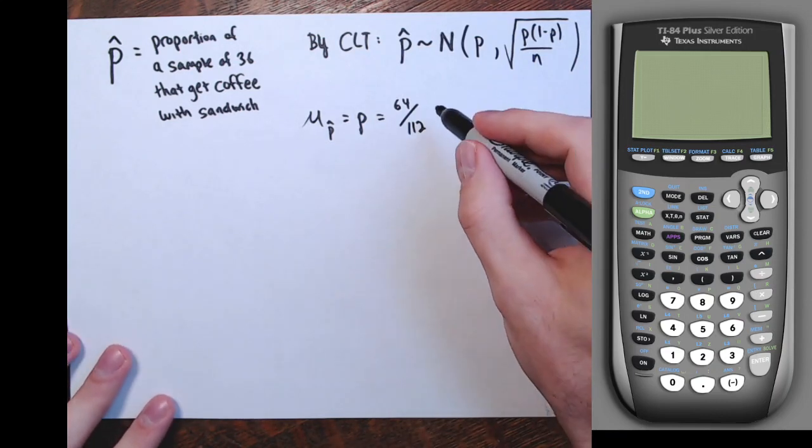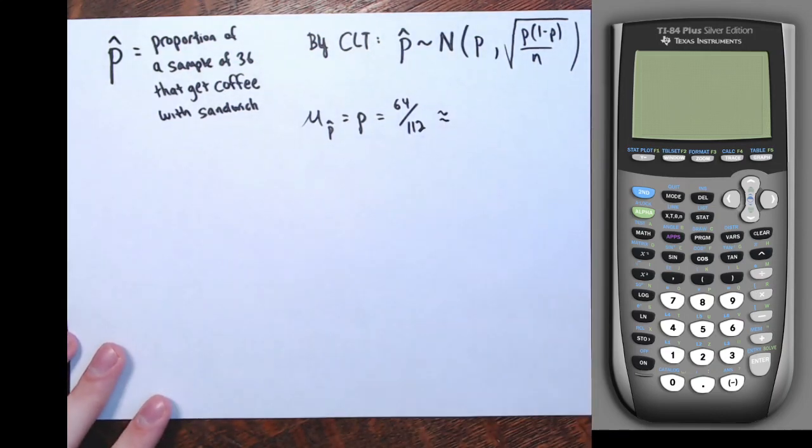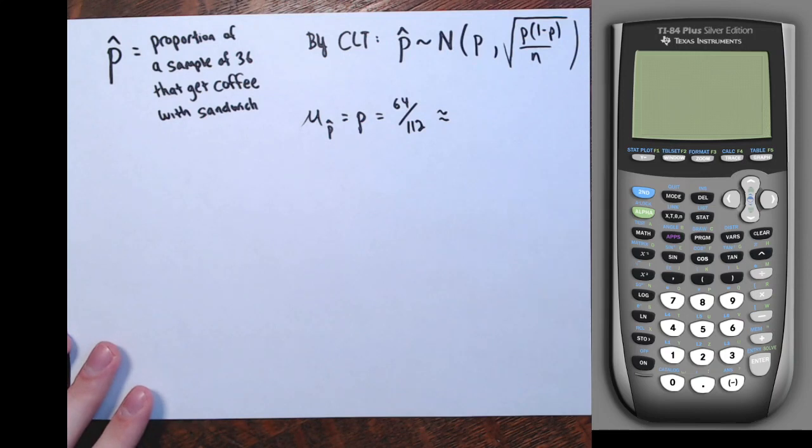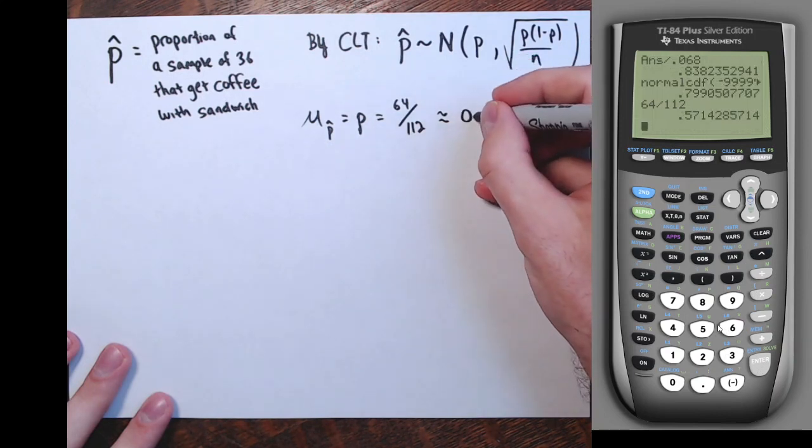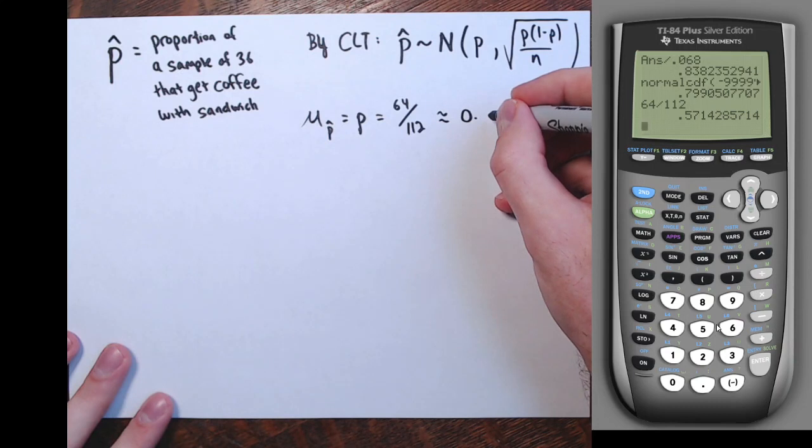All right, and we'll round this. Now, it doesn't say anything about rounding, so I'll leave it as 64 out of 112 until the very end, and then our choices are rounded to 2 decimal places, it looks like, but it doesn't say anything about rounding. Now, 64 divided by 112 is approximately 0.5714.